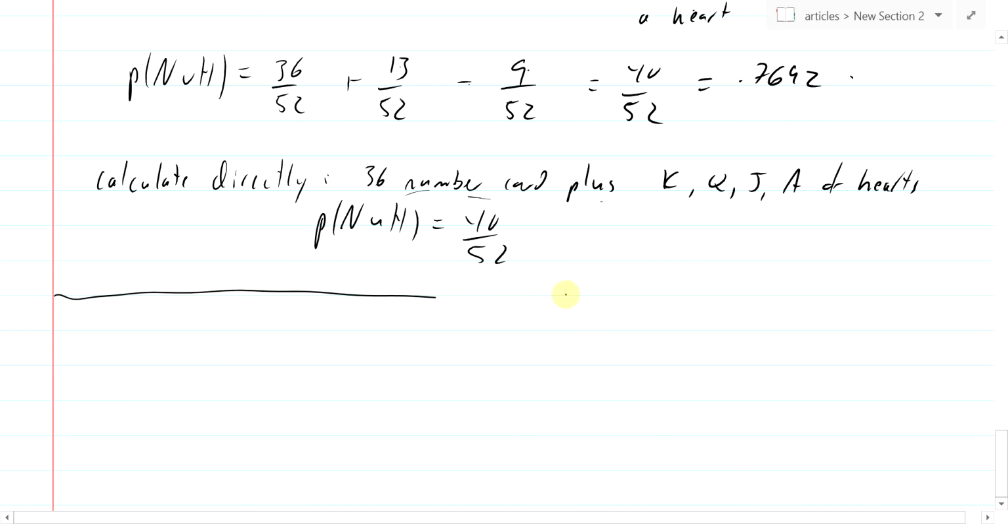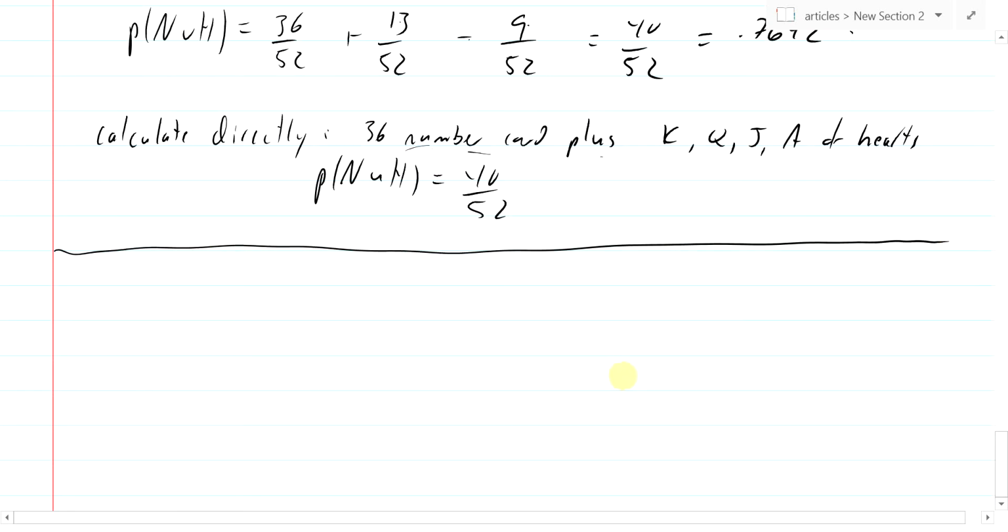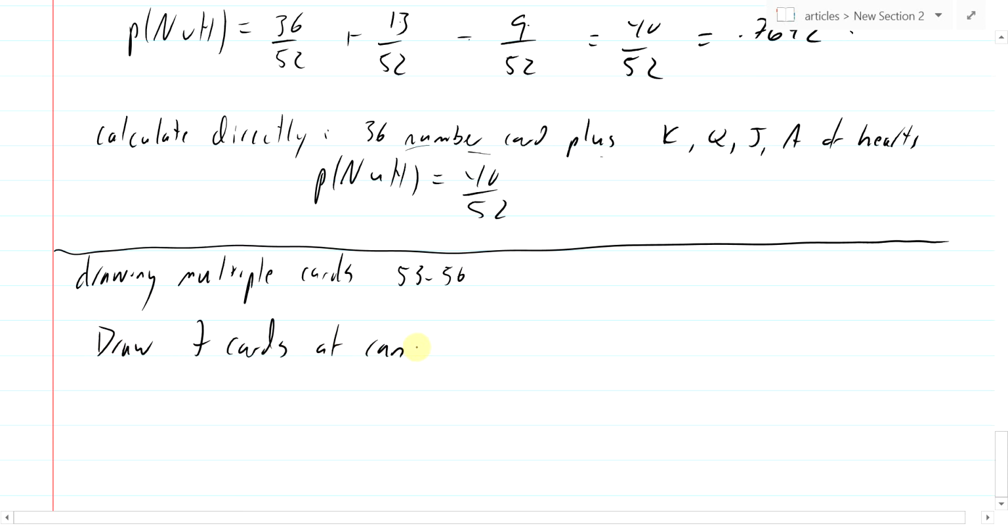Now, a bunch of these problems, I think 53 through 56, deal with drawing multiple cards. And these are like the poker hand problems. A particular example we'll do is, suppose you draw 7 cards at random from a deck.